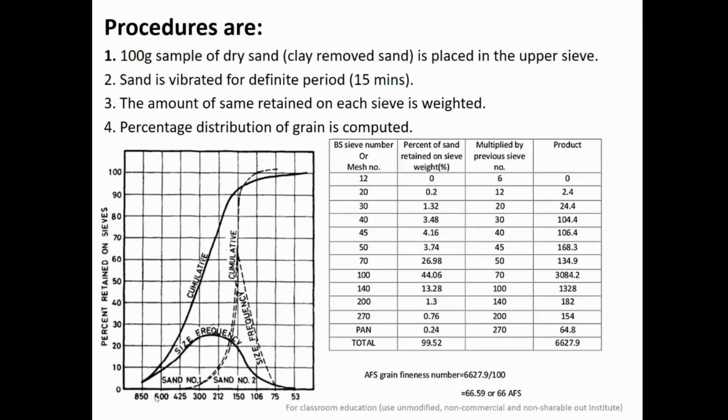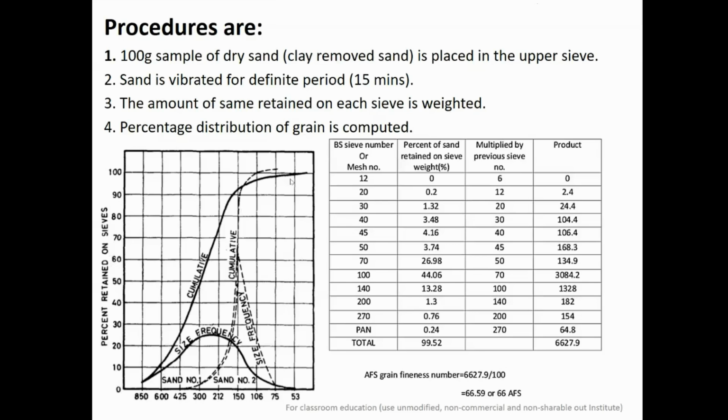And the y-axis shows the percentage of the retained sand sample in the sieves. Accordingly, by measuring the particle size of the sand sample, you can make this frequency curve, and also you can draw the cumulative diagram.